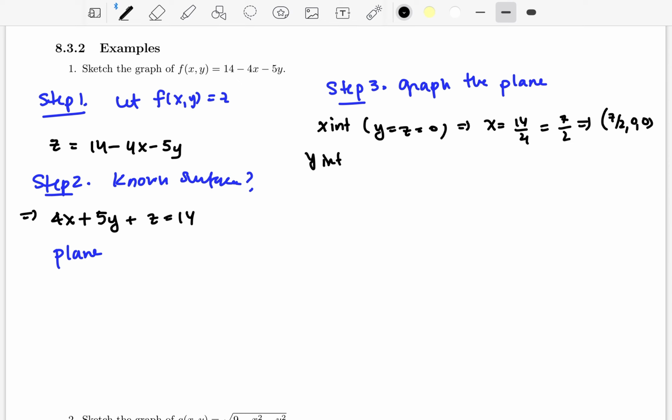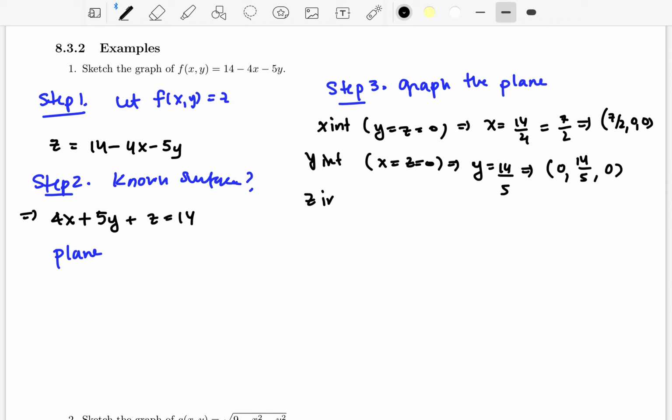The y-intercept happens when x and z are equal to 0. Again, I go to my plane, I let x and z equal 0, and I get that 5y is equal to 14. So y is equal to 14 divided by 5, which gives me the point 0, 14 divided by 5, 0.